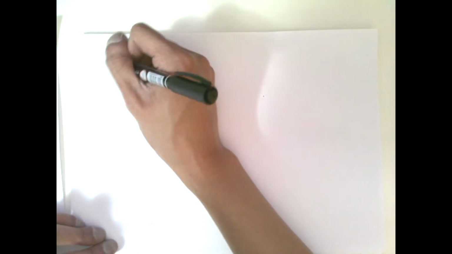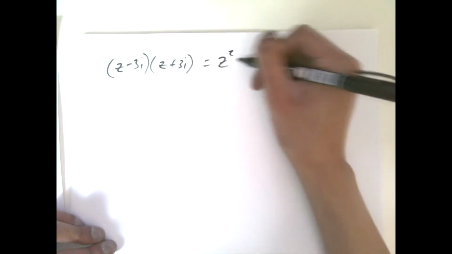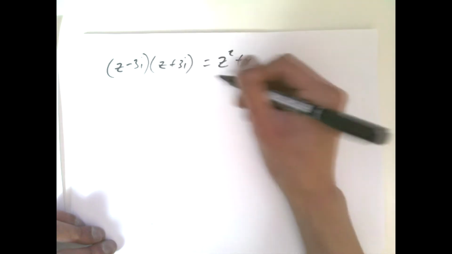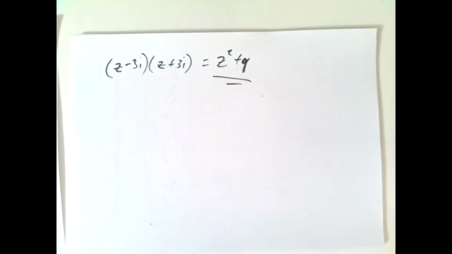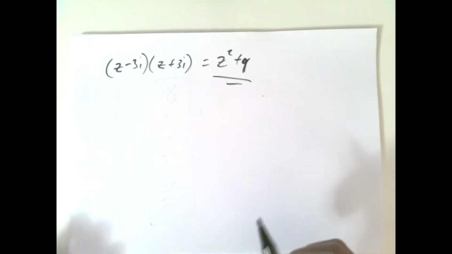Multiplying the two factors together, we have obtained a quadratic factor of this quartic equation. Because the original polynomial is indeed a quartic equation, it must be able to be decomposed into a quadratic factor and another quadratic factor.